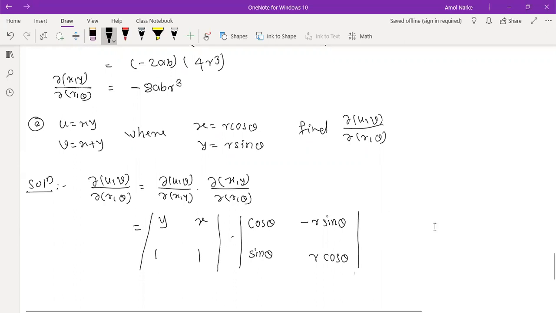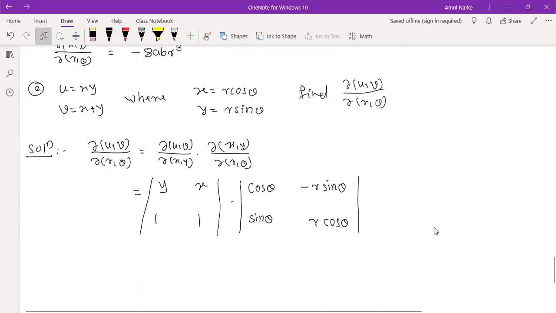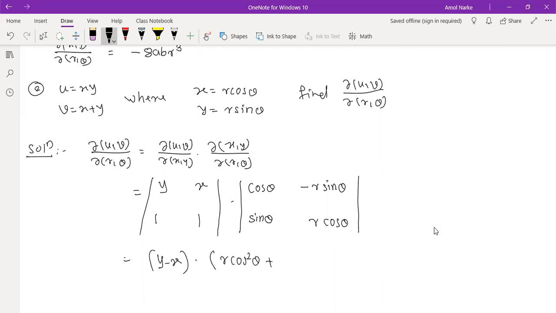Simple. If you multiply like this, you will get y minus x, into r cos square theta plus r sin square theta. So you can take r common, and you are getting r into y minus x.